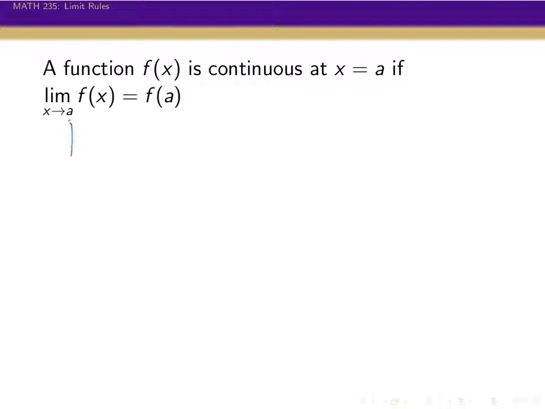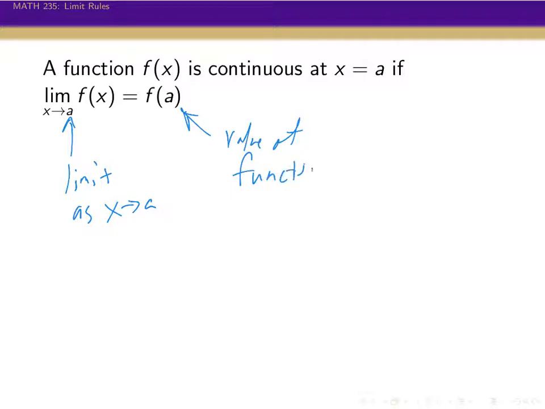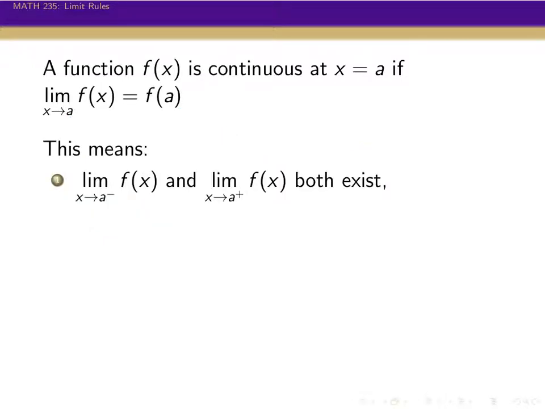So this is the limit as x goes to a, and this is the value of the function at a. So the limit and the value match up at a. What does it mean for it to be continuous?